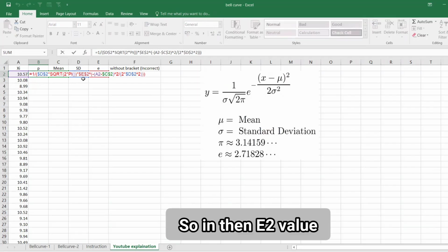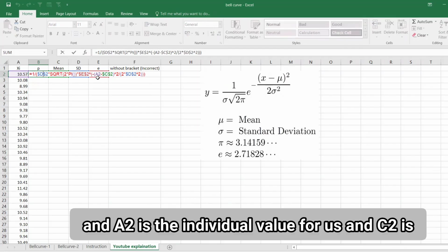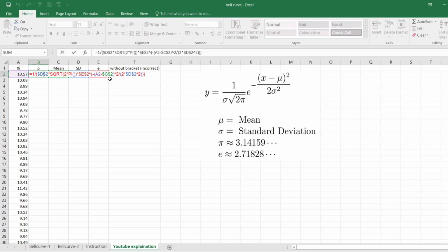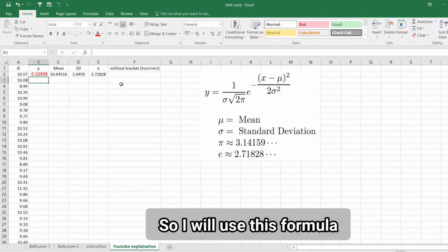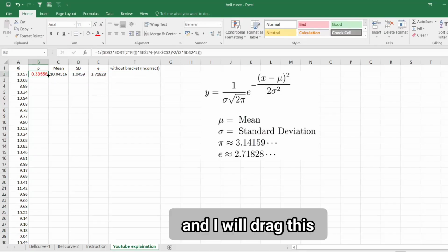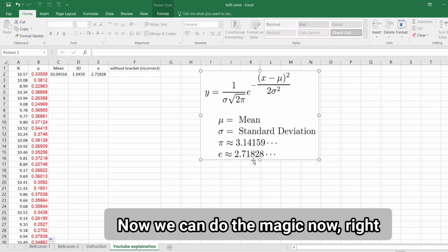And the e value we have multiplied with constants, and A2 is the individual value for us, and C2 is nothing but the mean value for us, and whole power 2 divided by 2 into standard deviation whole power 2. So I will use this formula and I will drag this. Now we got this value. Now we can do the magic, right?